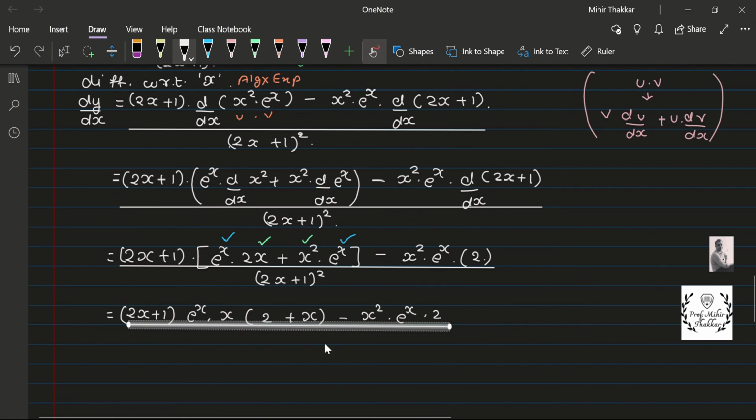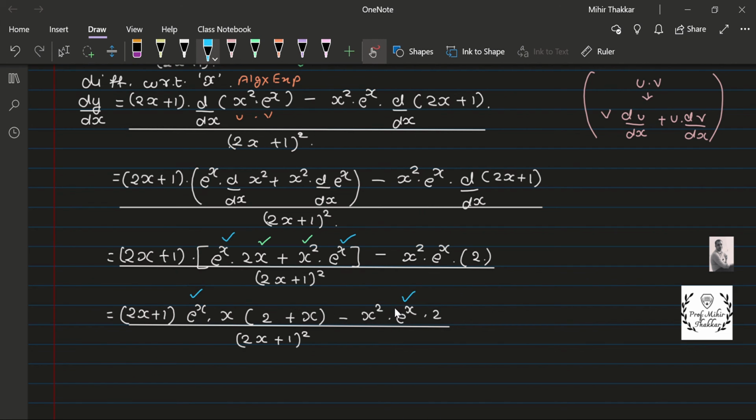So that should give us 2x plus 1 the whole square. Once again guys, you can see this is our entire first term, and in the entire second term e raised to x is common, so I have to take that common element once again, as well as x is common for these both terms too, so I can take out x also common outside.